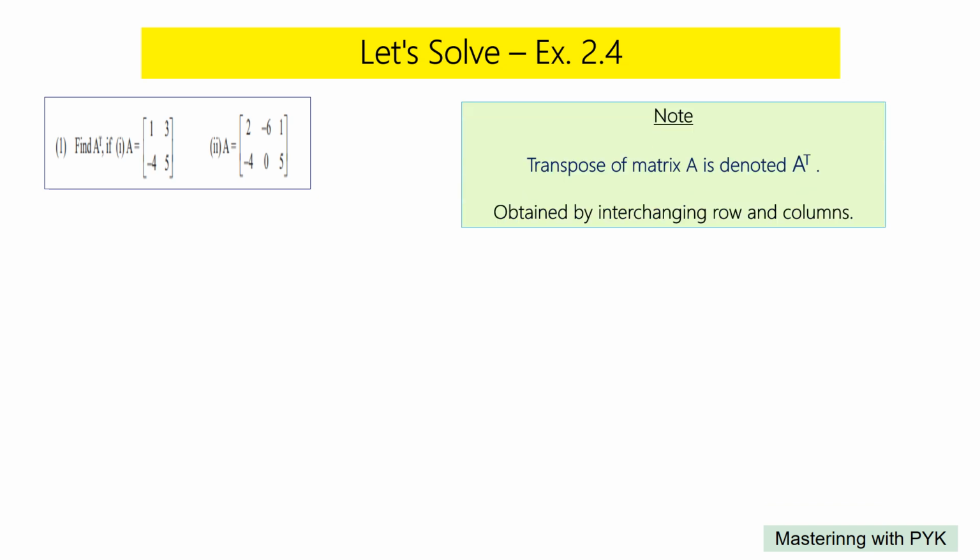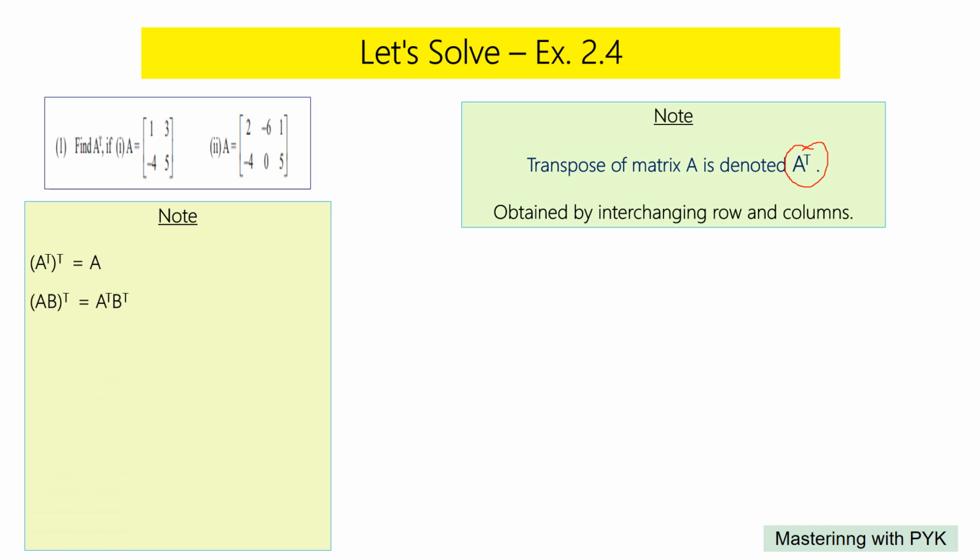Transpose of a matrix. The transpose of a matrix is denoted by A with the superscript T, A^T, and it is obtained by interchanging rows and columns. Right? So let's get a few clarities on the concepts. The transpose of the transpose of a matrix leads us to the original matrix.